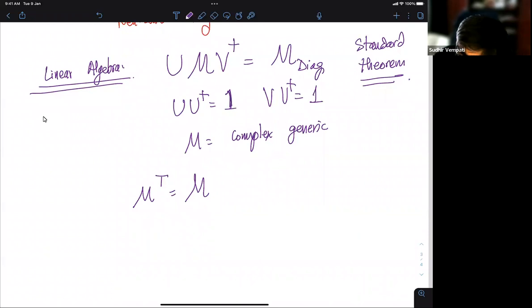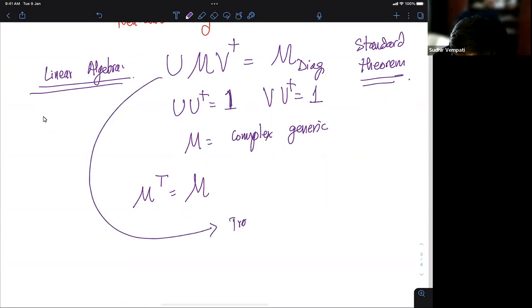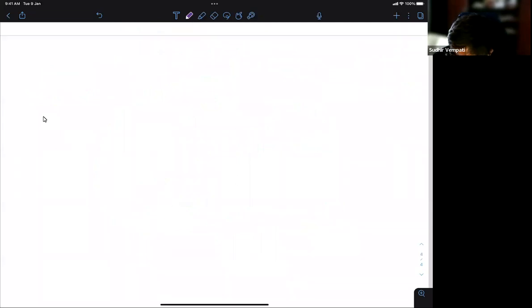You take the transpose of this entire expression and equate the right-hand sides. The right-hand side remains the same: M diagonal equals M diagonal transpose.